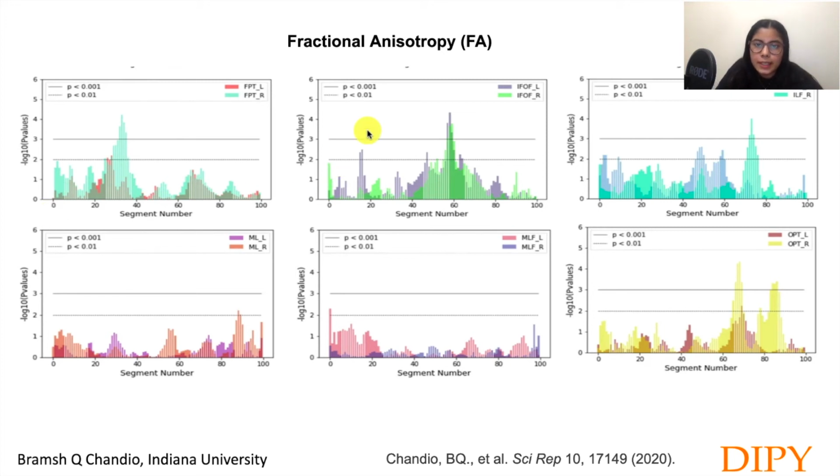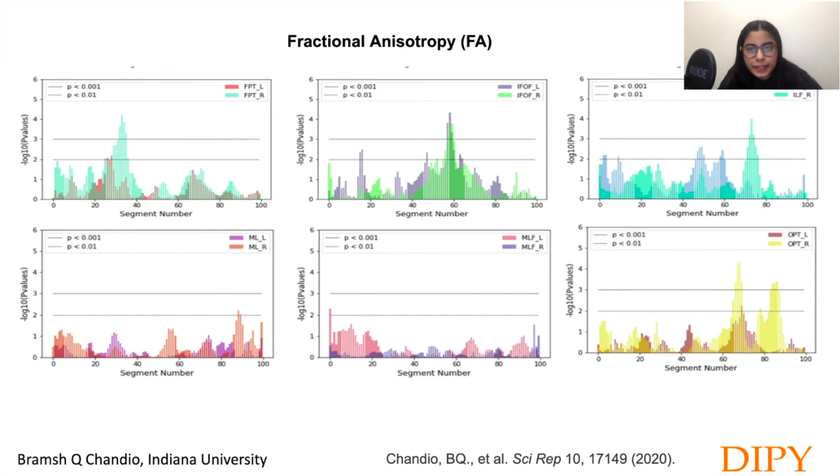Here we can see FOF left and FOF right. On the x-axis we have the segment number, and on the y-axis we have minus log of p-values. In this area where we have these horizontal lines, if something comes under these two lines, we say there is a highly significant difference between two groups because the p-value is less than 0.001.